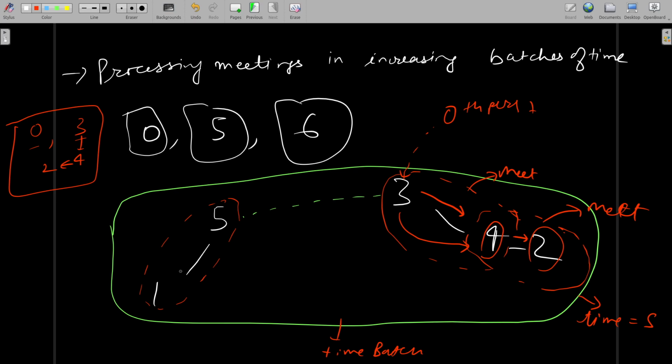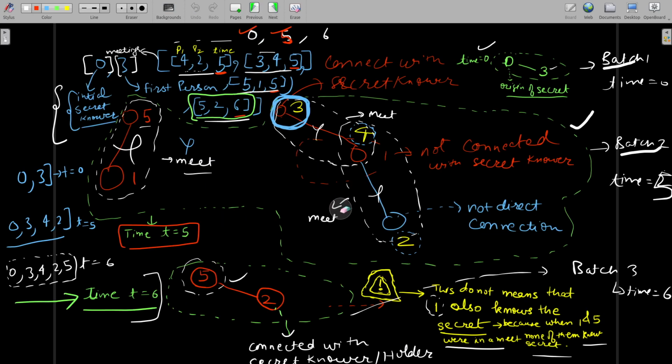And before proceeding further, you will break this particular edge between 5 and 1. Why are we breaking this particular edge? It's a very tricky thing to understand.